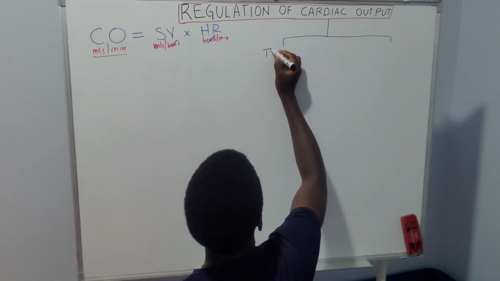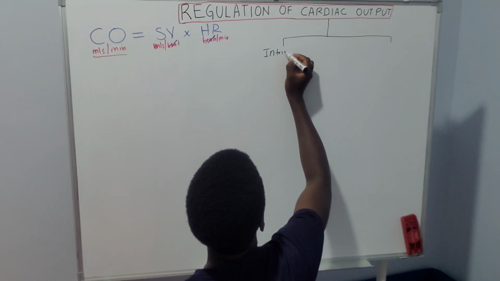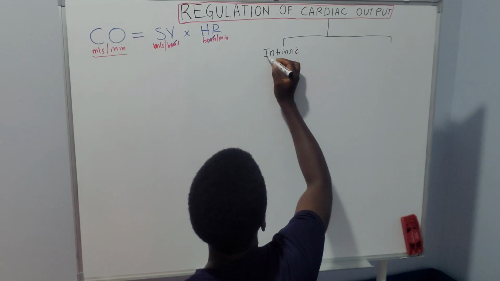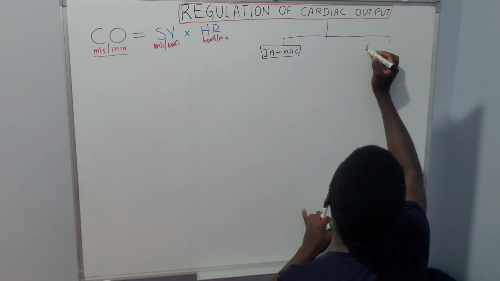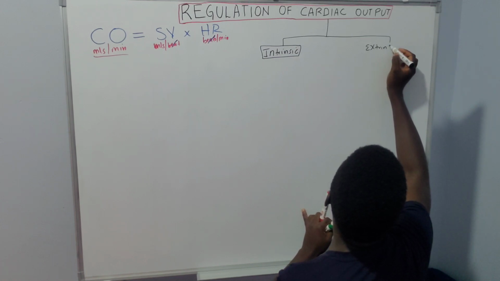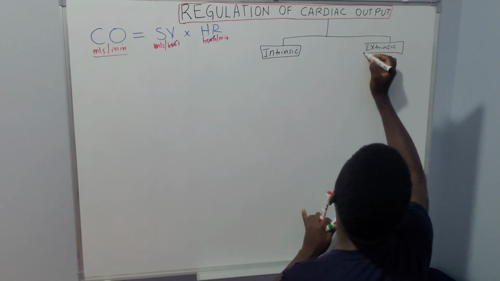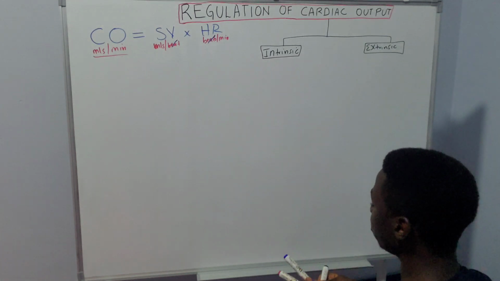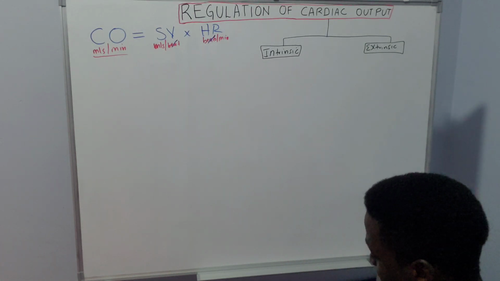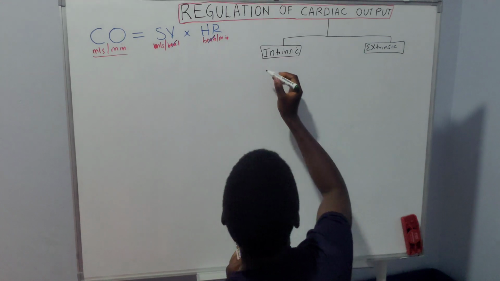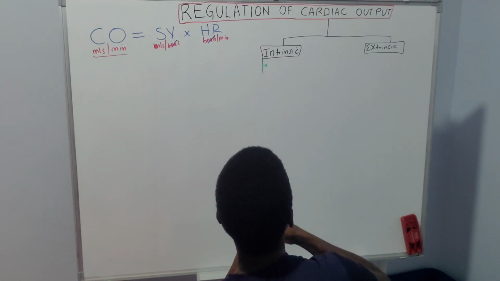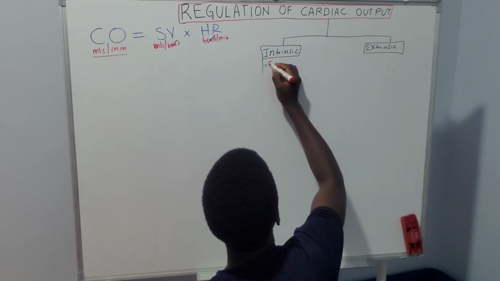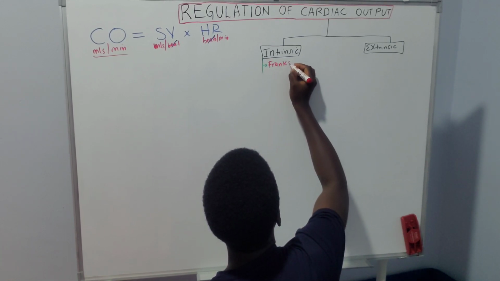We have what we call intrinsic mechanisms, okay? We also have what we call extrinsic mechanisms, okay? So under the intrinsic mechanisms, one is what we call the Frank-Starling mechanism.